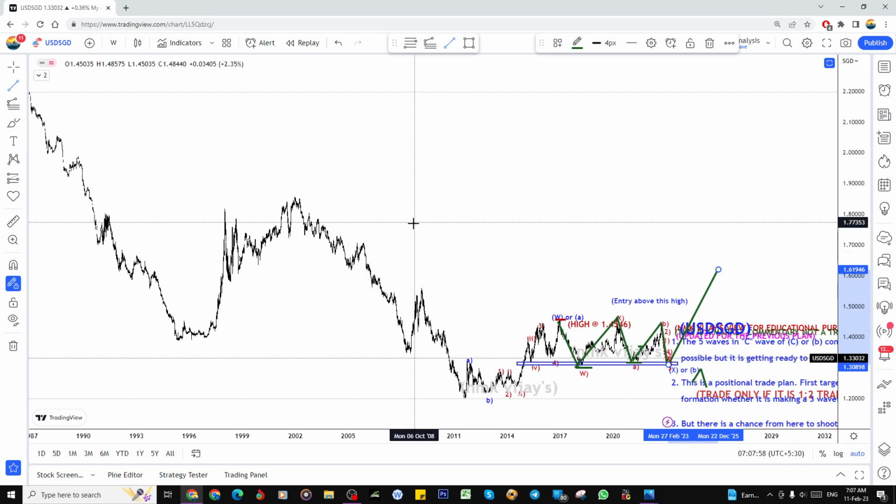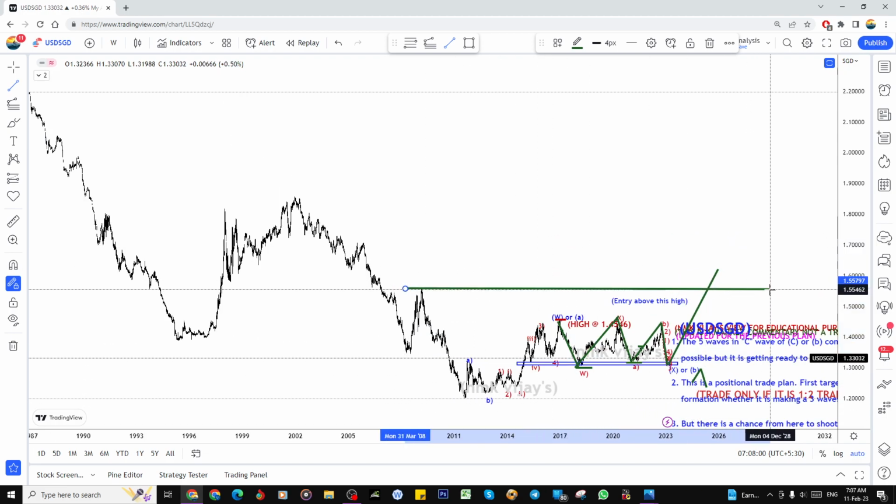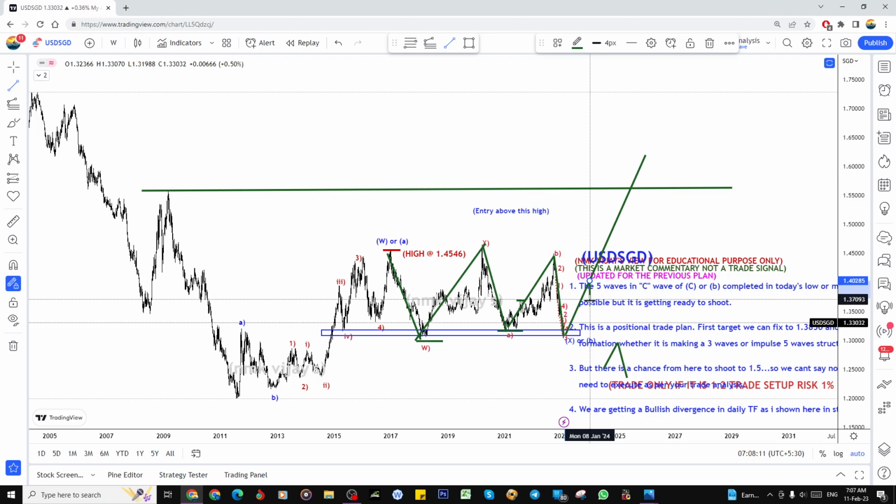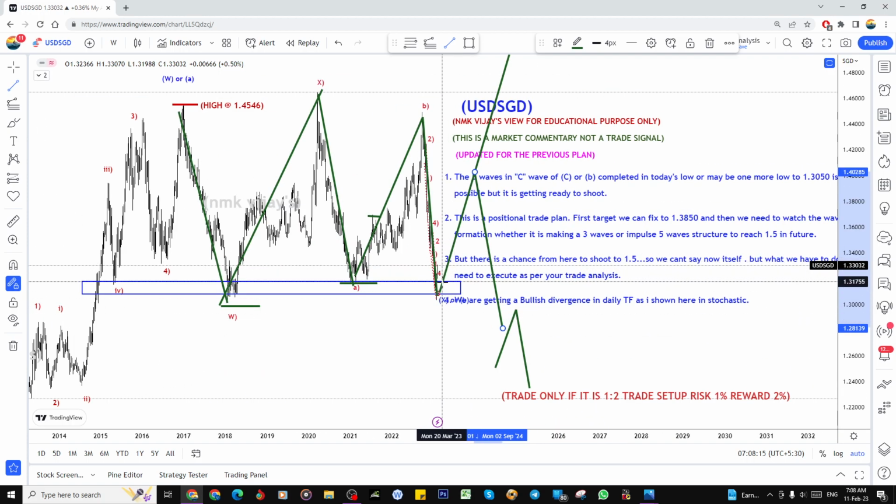My next target for this one is 1.56. This is my target for the longer term. In case it goes like this, that is also possible, but we need to look for this wave structure starting from here.